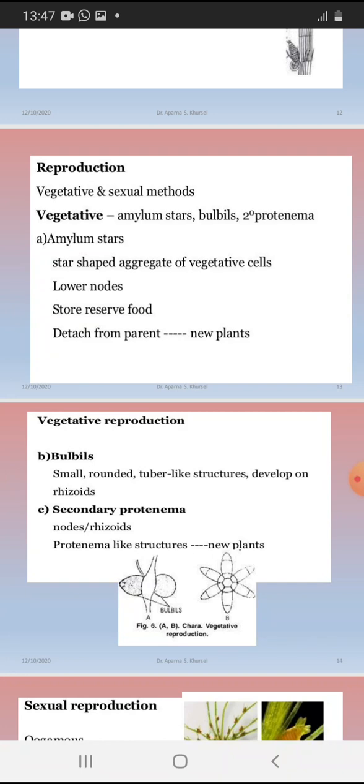The appearance of these vegetative cells is like the shape of a star, and an important character is that the amylum star shows the presence of amylum starch. After breaking, amylum star will germinate into a new plant of Chara.